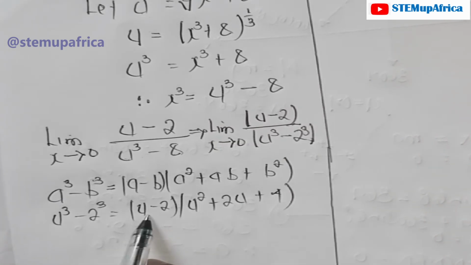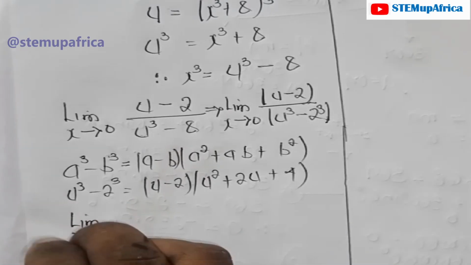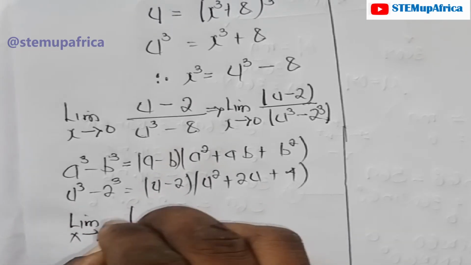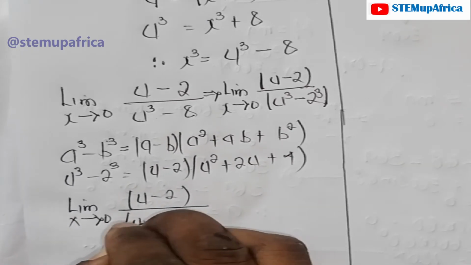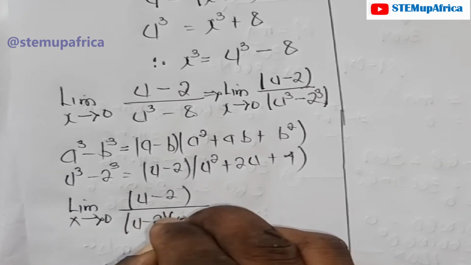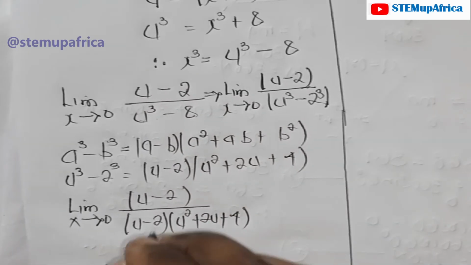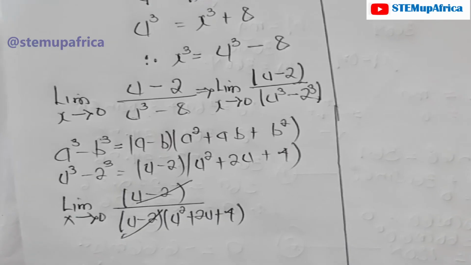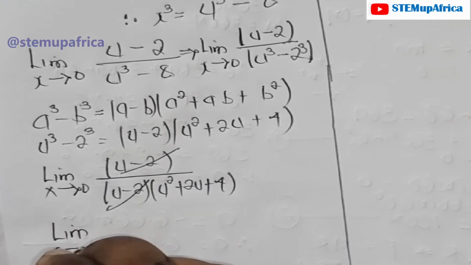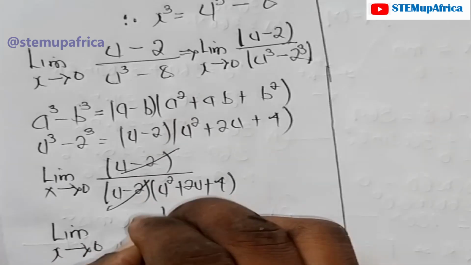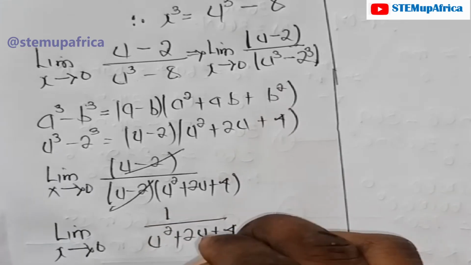So we are having the limit as x tends to 0 of u minus 2 over u minus 2 times u squared plus 2u plus 4. You can see u minus 2 cancels u minus 2, so we are left with the limit as x tends to 0 of 1 over u squared plus 2u plus 4.